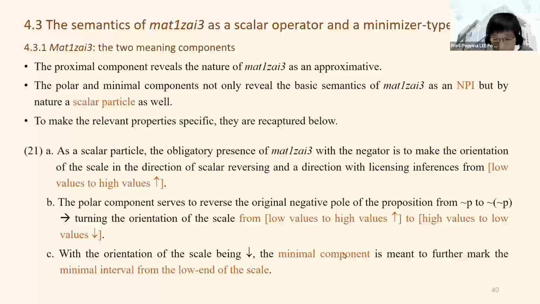So that's why the minimal component will operate according to the low end of the scale. In other words, the proximal component, the polar component, and the minimal component are all closely related to how the scalar ordering is done. So the polar component has switched the ordering of the scale, and the minimal component will operate according to the so-called landing site after the polar component comes into play.